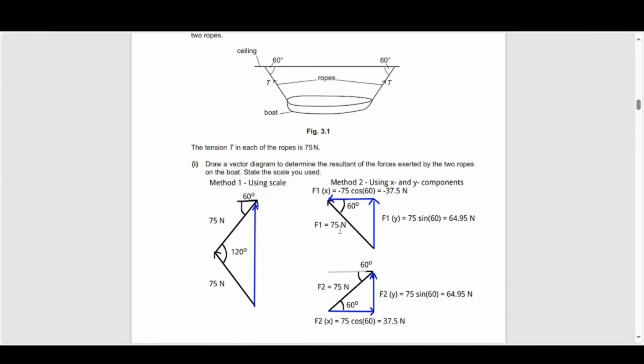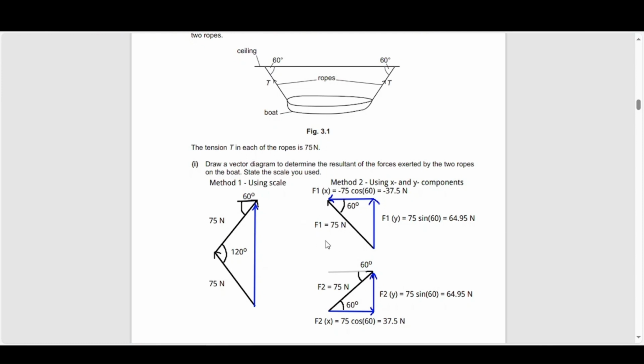So the way I would get that is I would use basic trigonometry now. It applies easily because you've got a right triangle. So if I wanted to get the vertical component, F1y, that is essentially linked by the sine ratio. So sine of an angle, in this case 60 degrees, is going to be the ratio of the side that's opposite to that angle divided by the hypotenuse.